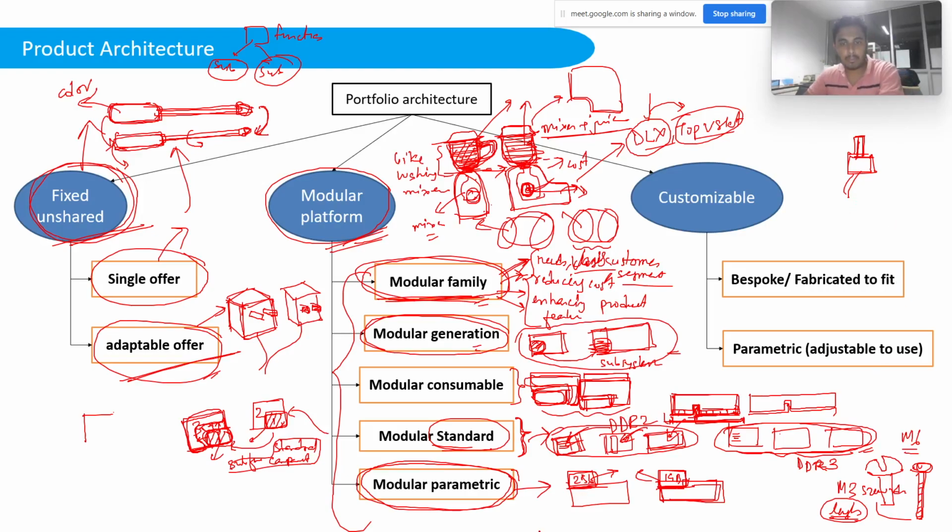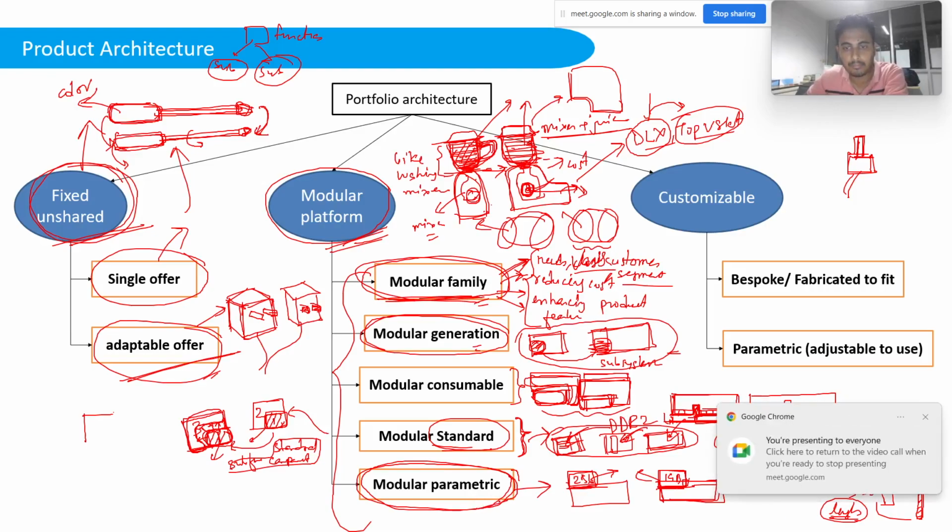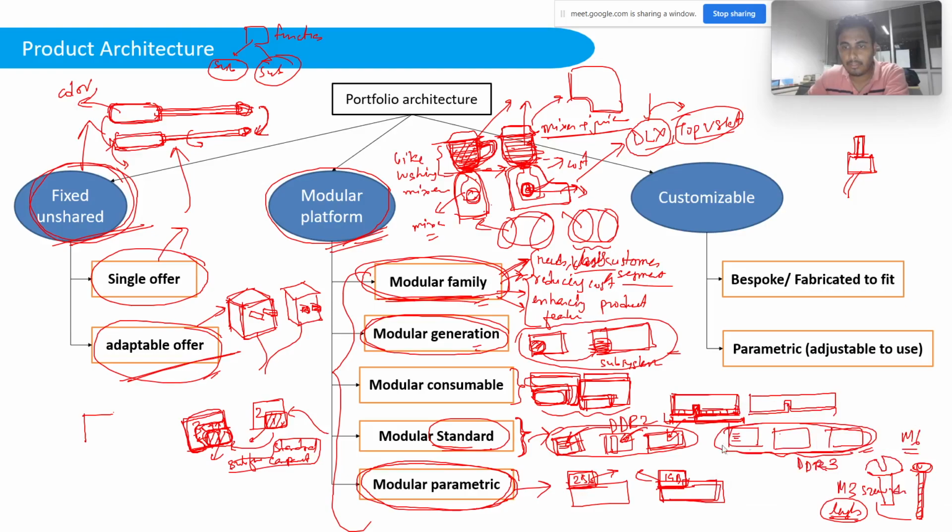So I was discussing modular parametric product architecture. When you are designing different products, you can have some modular unit or subsystem. However, you can still have some sort of parametric control or variation in this unit.